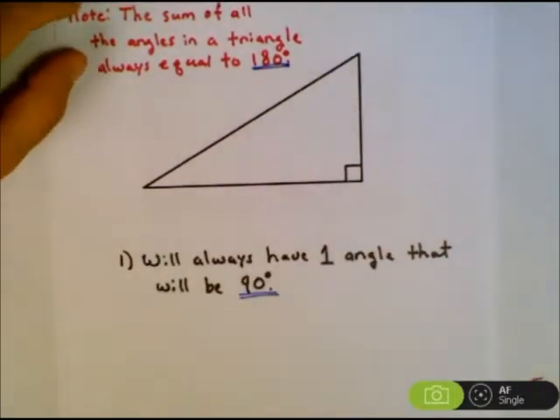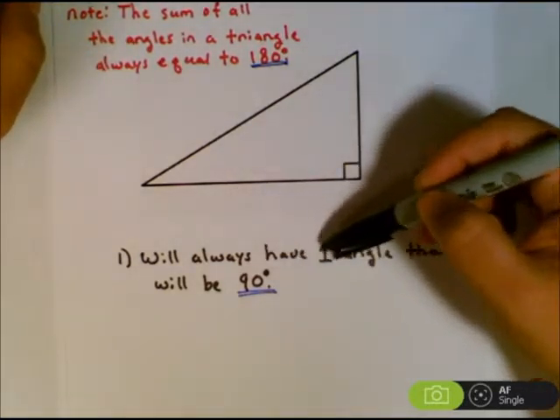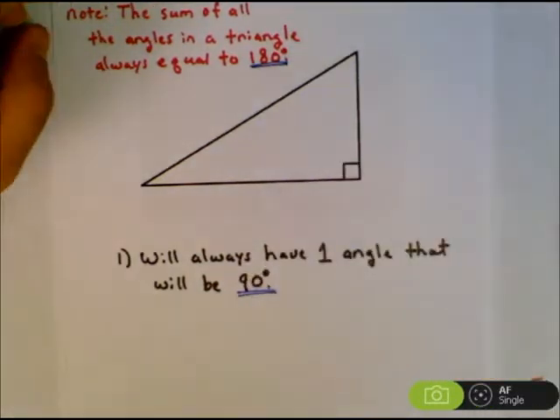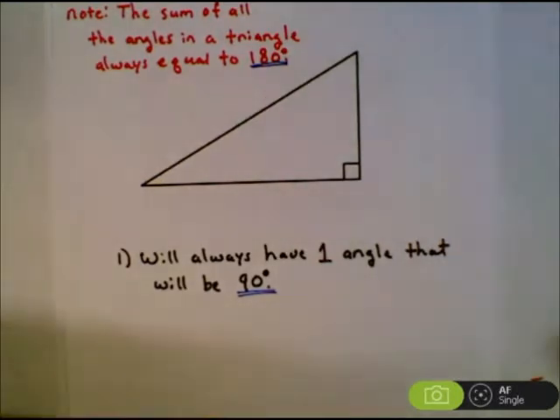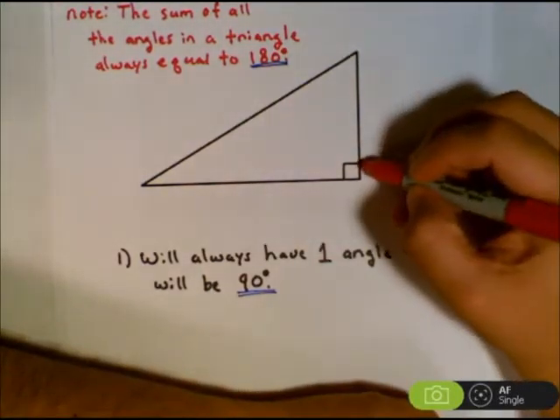The thing you will always have to remember about the right triangle is it will always have one angle that will be 90 degrees. Now let's take a look at this here. They mark the 90-degree angle with this little square here.